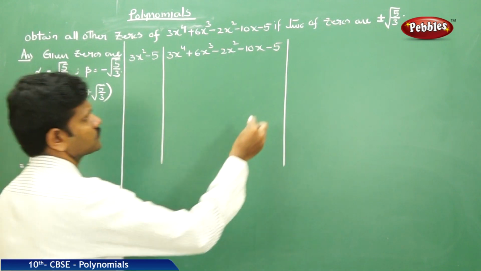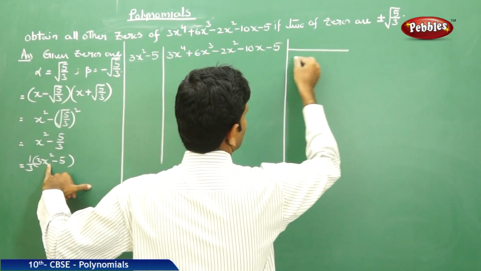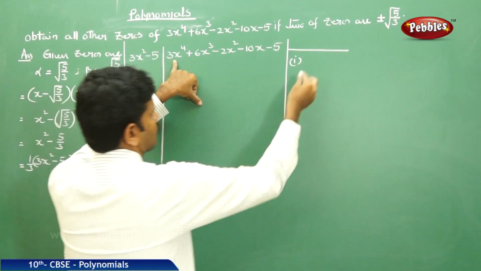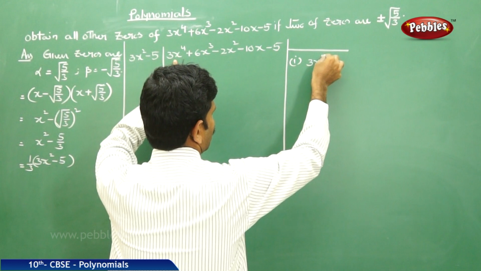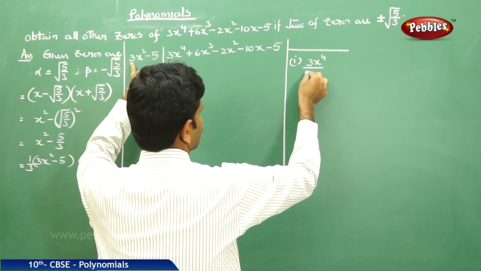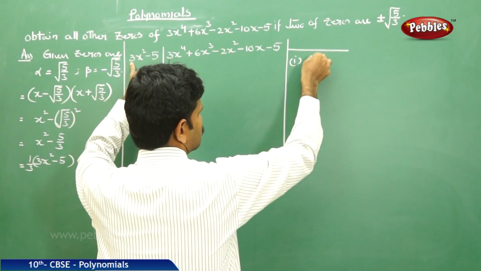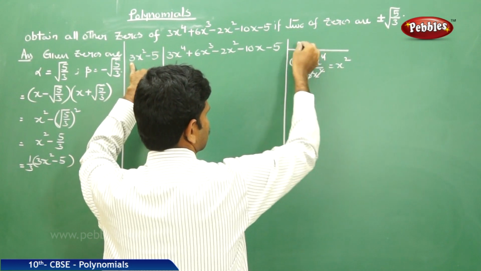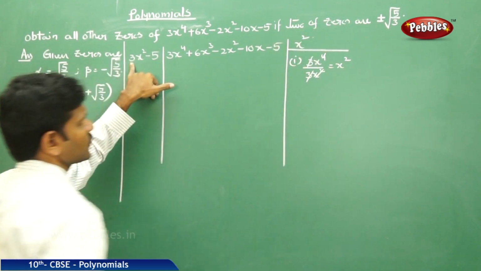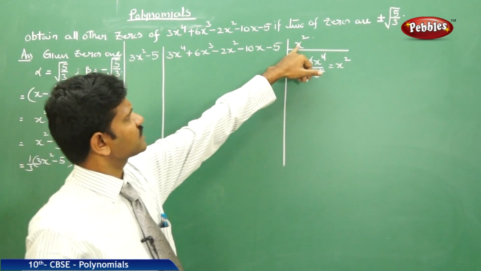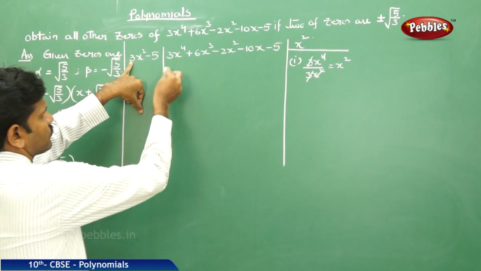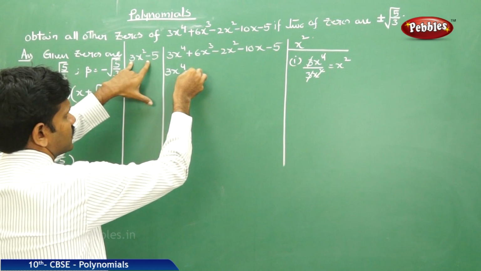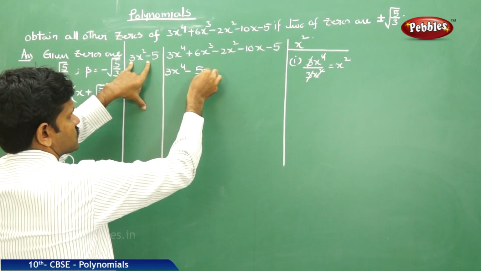Part 1 simplification: 3x to the power 4 by 3x square, 3 gets cancelled, x to the power 4 by x square leaves x square. That is x square into 3x square, 3x to the power 4, write the minus sign, 5 into x square, 5x square.